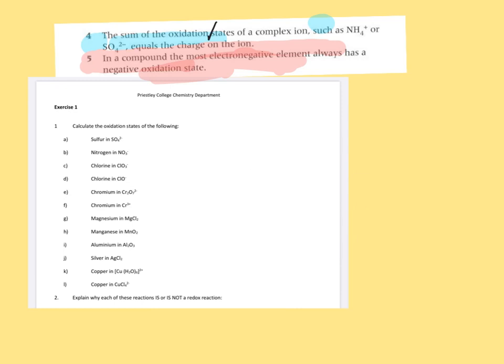Let's do K, in this weird looking what's called a complex ion. So copper in Cu(H2O)6 brackets 2+. The overall charge on the ion is +2, and we're trying to find the oxidation state of copper.